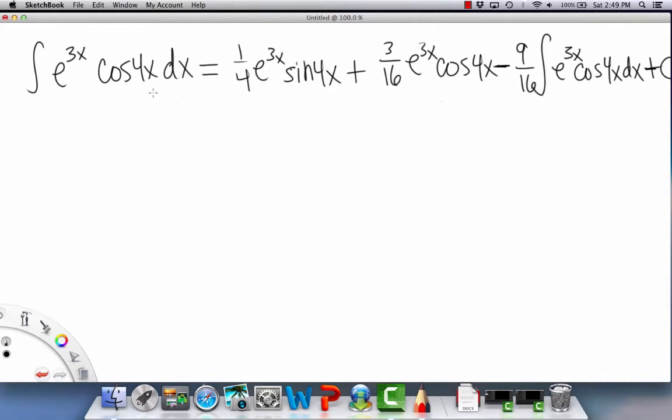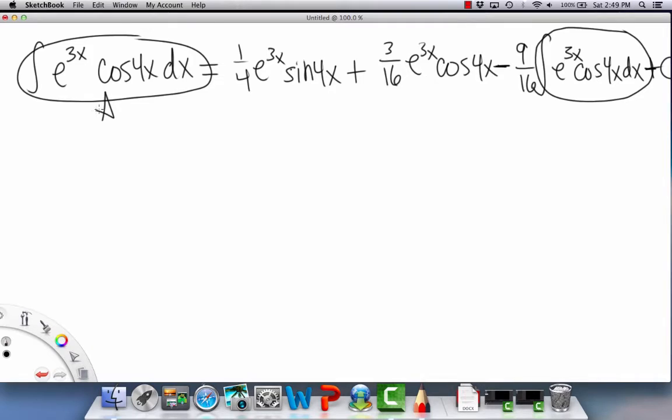Okay, so see how the integral on the left is the exact same thing as what we see in this term, aside from the coefficients. So technically we can think of this as a quantity in itself, like a star variable. The point is that these are like terms.